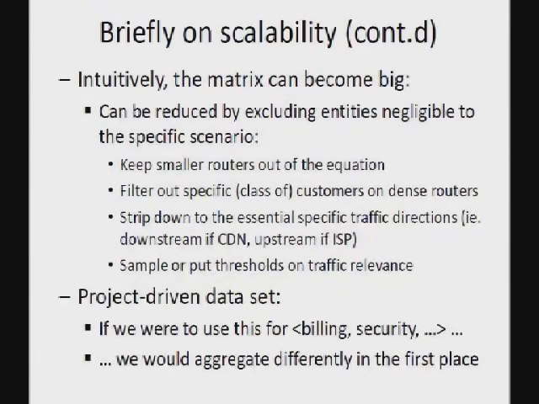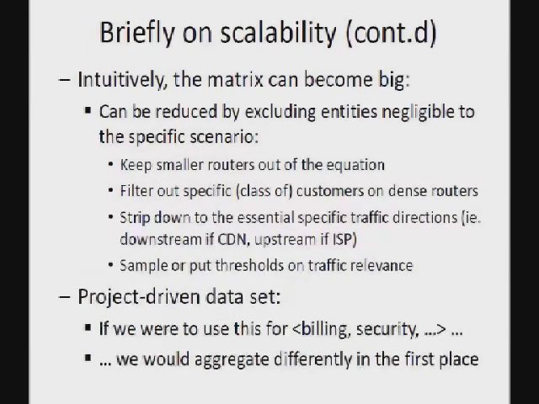For example, if you are a CDN, you are very interested in upstream traffic, but not very interested in downstream. And vice versa is true for an ISP. You want to know where traffic is coming from, and maybe not really be interested in where you are sending traffic to. Of course, you can also do some more sparse sampling, or put thresholds on traffic relevance.